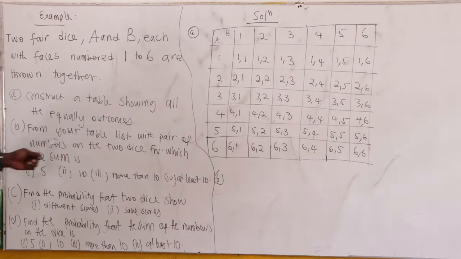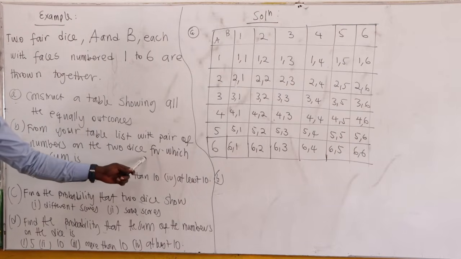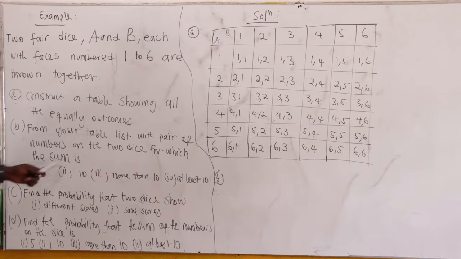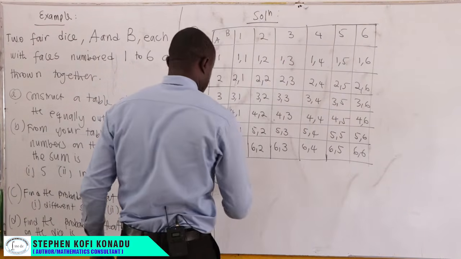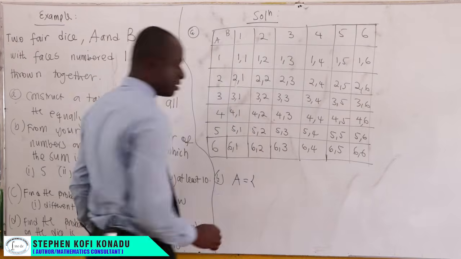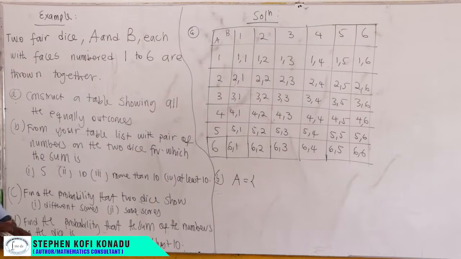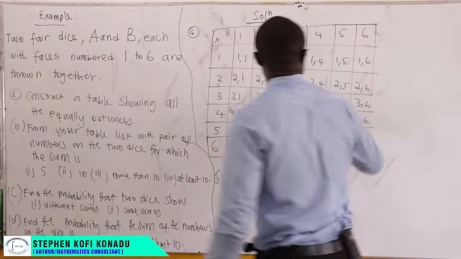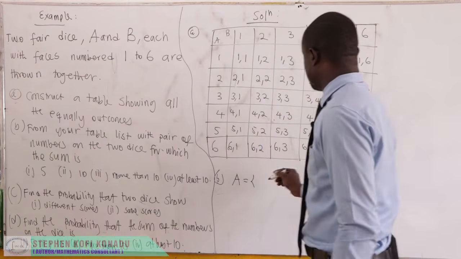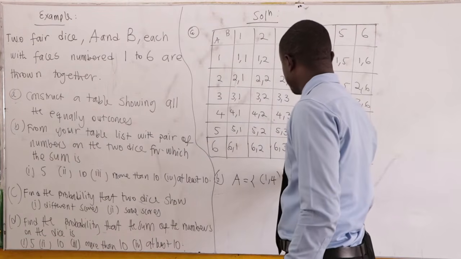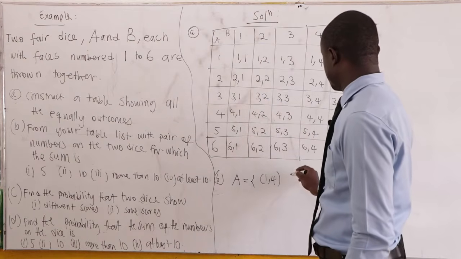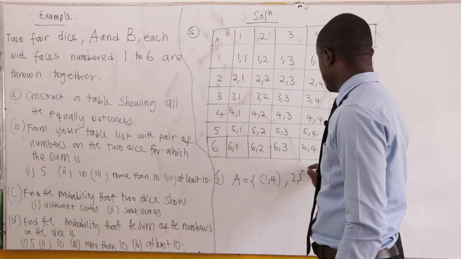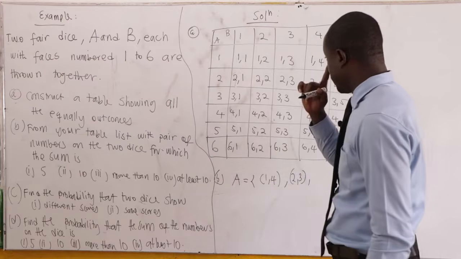The B says that from your table, list the pairs of numbers on the two dice for which the sum is 5. Let's suppose that particular event is A. When you add the two, you're going to get 5. Now 1 plus 4 is giving us 5, so 1, 4. 2 plus 2 is 4, but 2 plus 3 is 5.